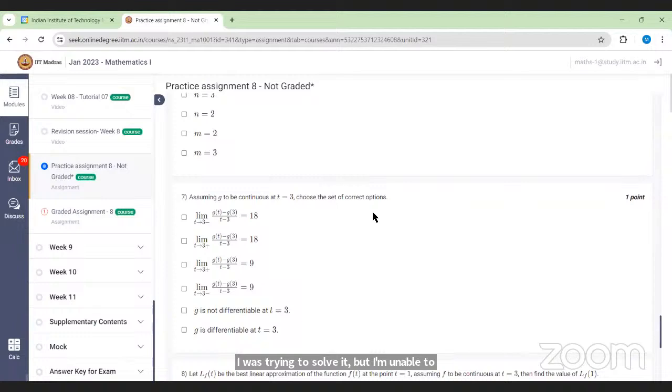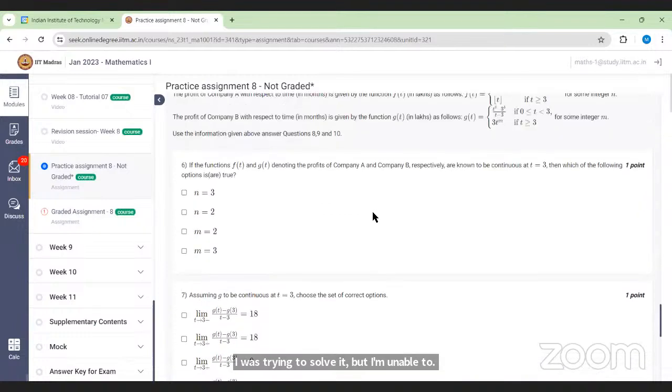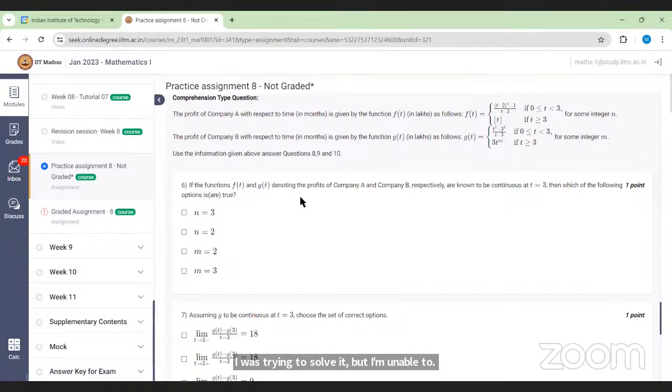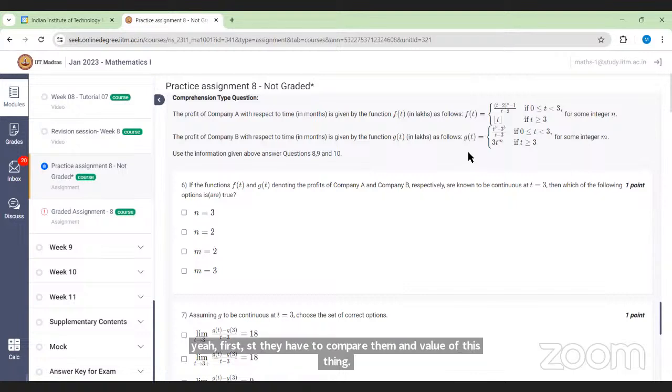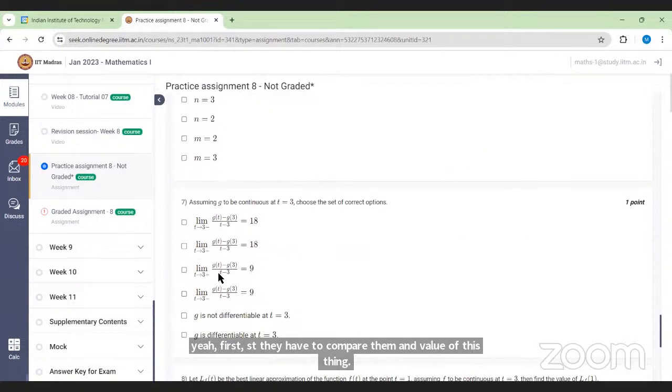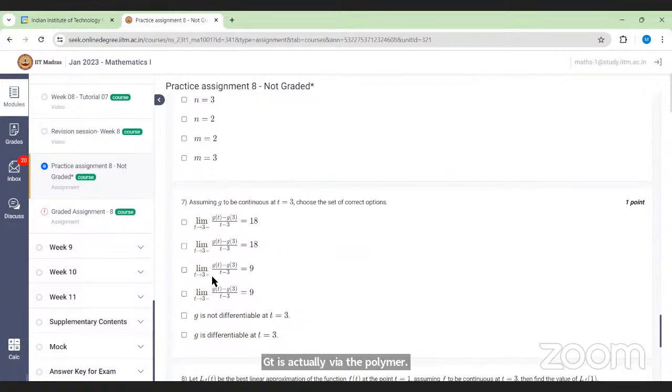G(t) minus G(3) upon t minus 3 is equal to 9. So here first you have to compute the m and n values of this. G(t) is actually a polynomial. I'll give you a hint. Okay, third option you are saying, right? In the third option, there's a plus sign, so you have to compute the right hand limit.